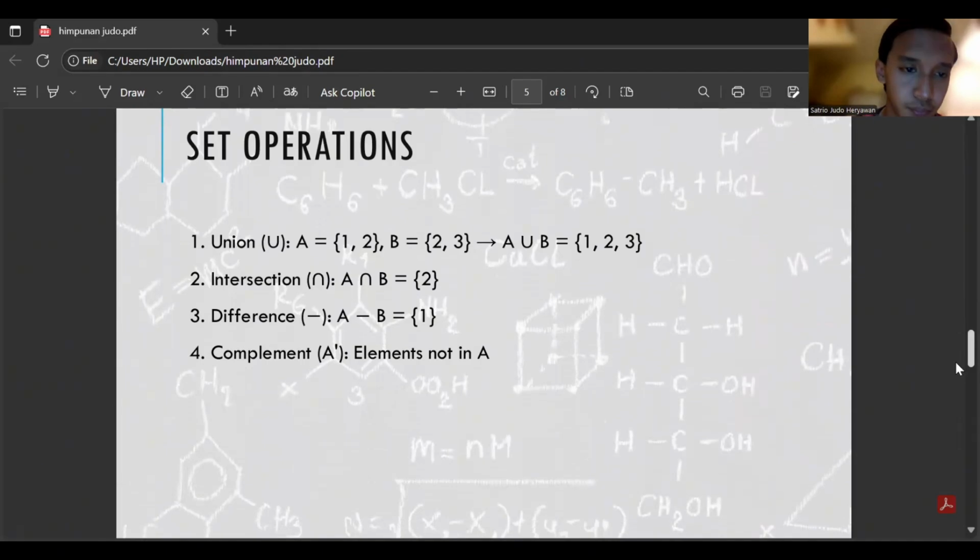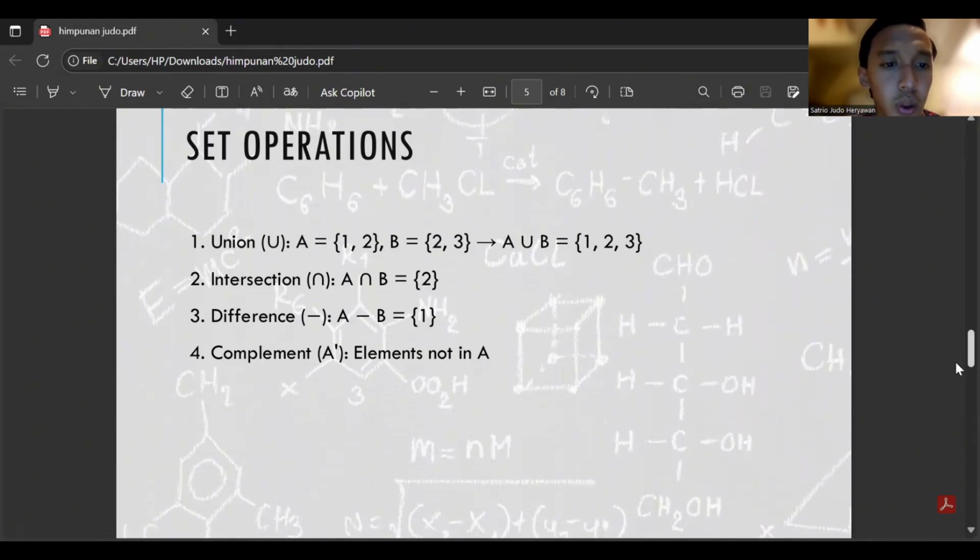Set operations. Union: A is 1, 2 and B is 2, 3, and then A union B is 1, 2, 3.